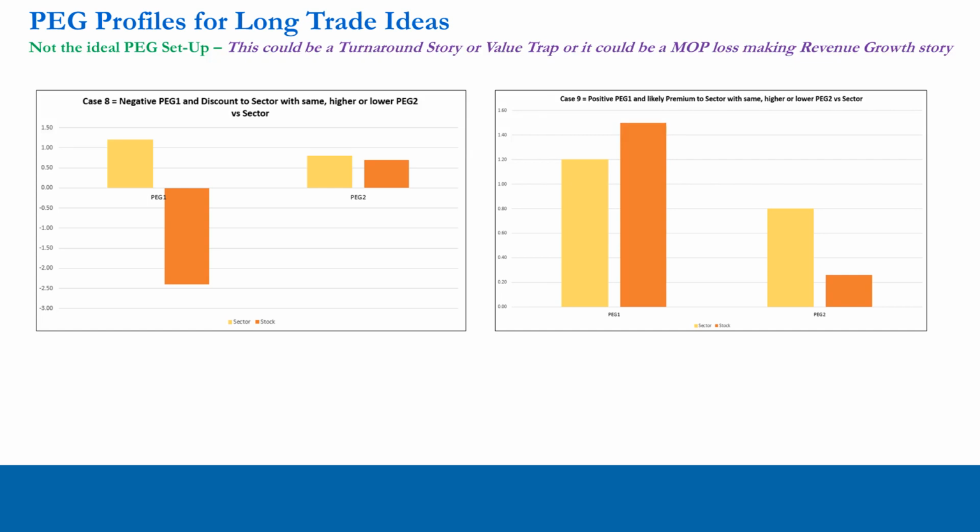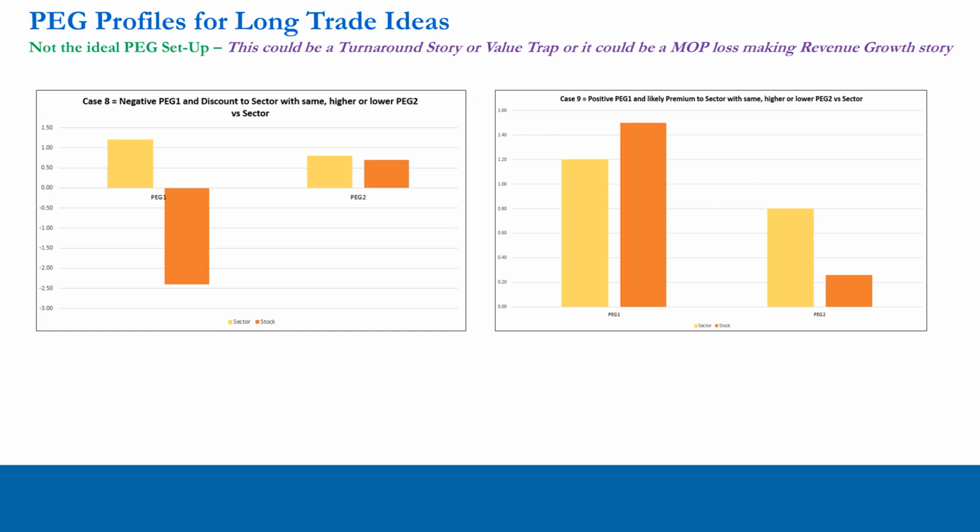And even with PEG 1, with case number 8, because the PEG is just negative, we obviously place less importance on PEG in our analysis because it just comes out as a negative and doesn't really tell us much in terms of what the market thinks of the stock from a valuation perspective when we look at it with PEG.